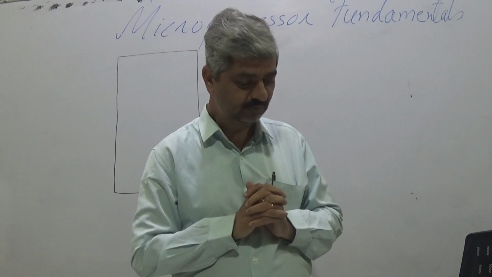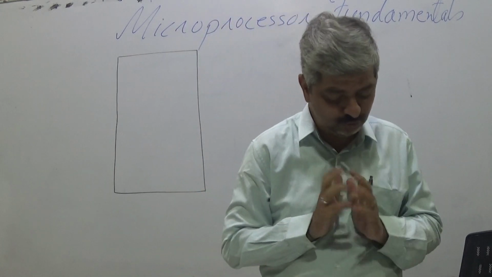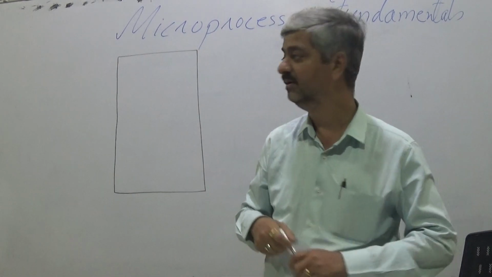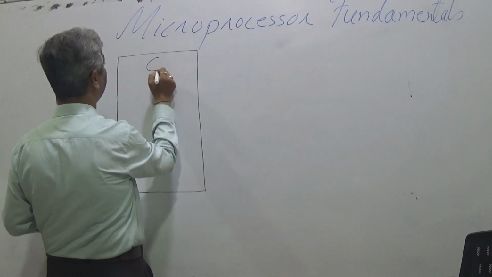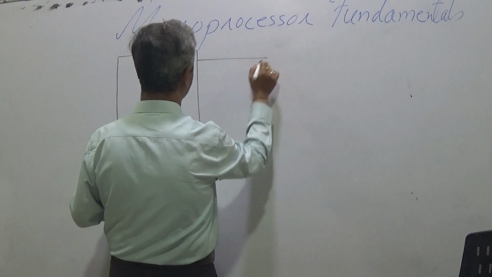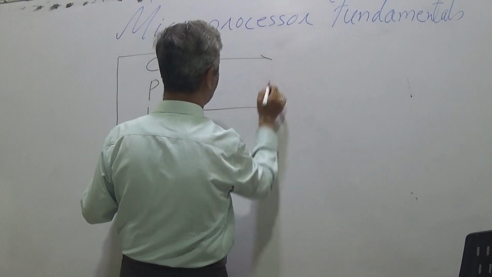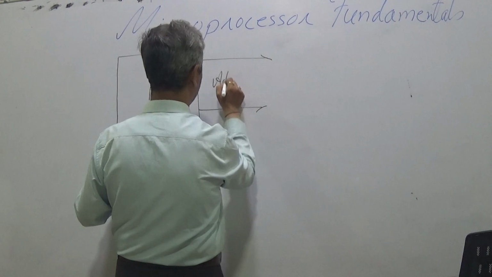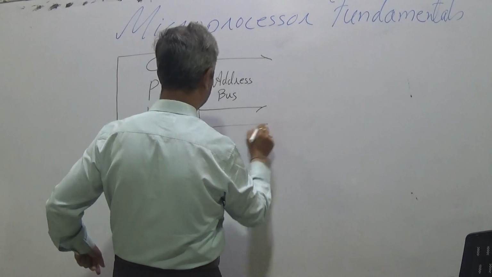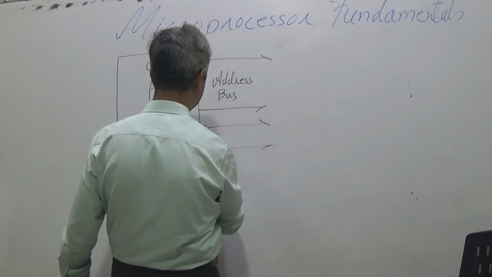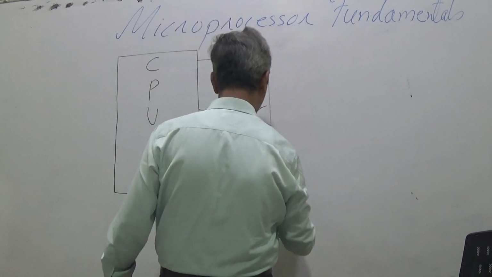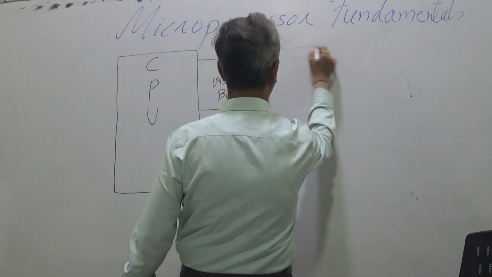Now, what von Neumann has said, remember, in 1946, is that there would be a central processing unit which will be able to access memory with the help of address bus, data bus and control bus, that is, with the help of address, data and control lines.